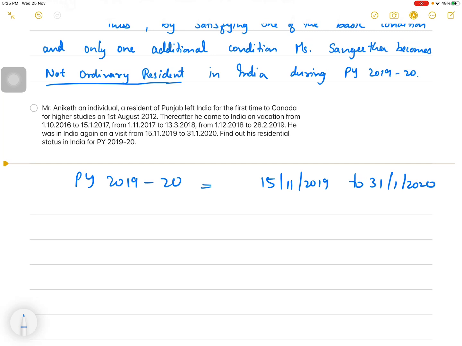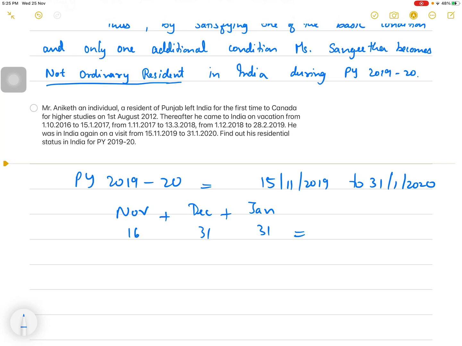Now his stay in India during the previous year 2019-20 is from 15th November 2019 to 31 January 2020. Okay, that means November, out of 30 days, 14 days he was not in India. So November 16 days, December 31 days, and January 31 days.